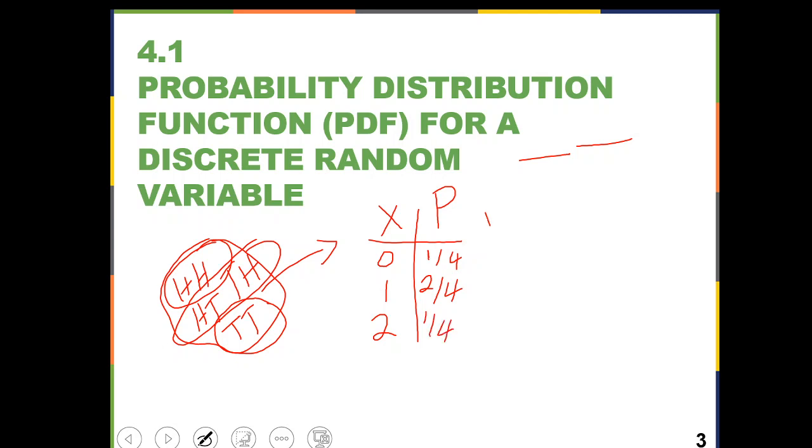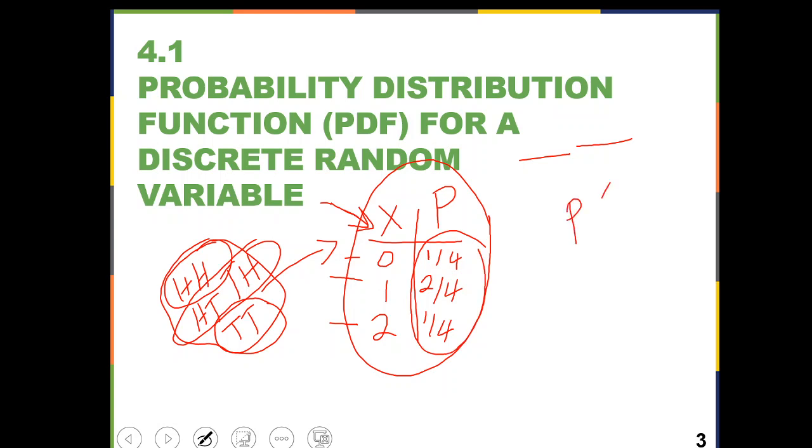Now, this right here is called a probability distribution. And since the values of x are discrete, it's called a discrete probability distribution. This variable is called a random variable, in this case a discrete random variable. Notice that all the probabilities are between 0 and 1.